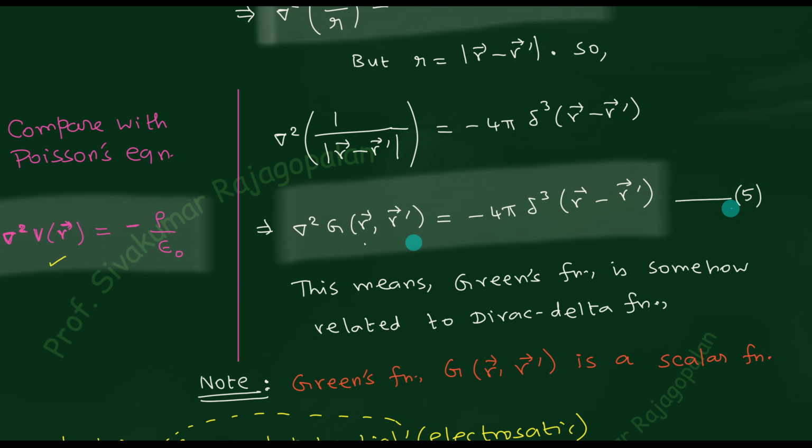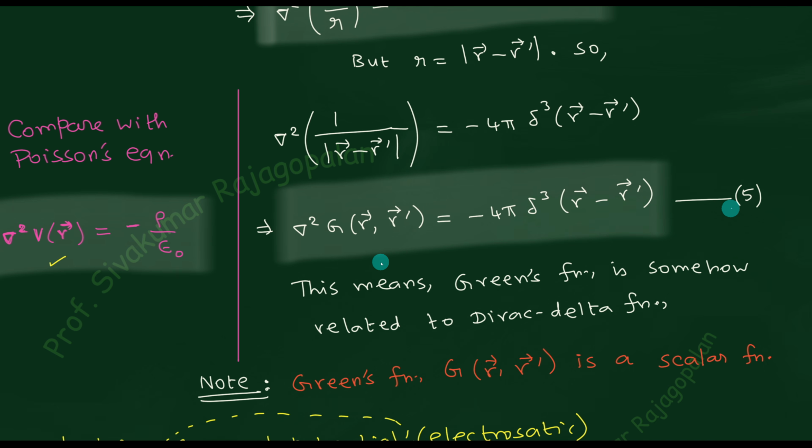So solving the electrostatic boundary value problem would be somewhat simple, because the Green function for the Poisson equation is known to you. This is the important conclusion.